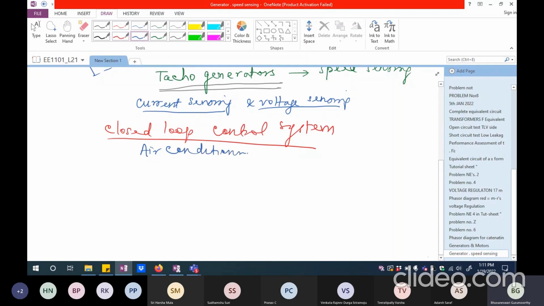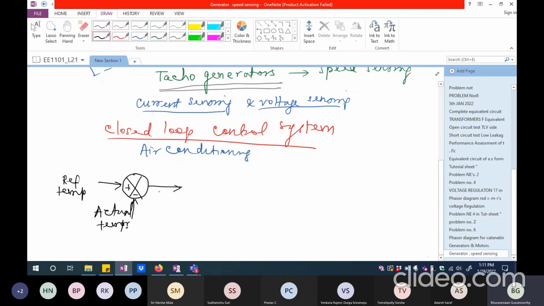You set a particular temperature, which is the reference temperature I want to reach. And you compare that with the actual temperature of the room, which you sense using a thermostat or whatever.